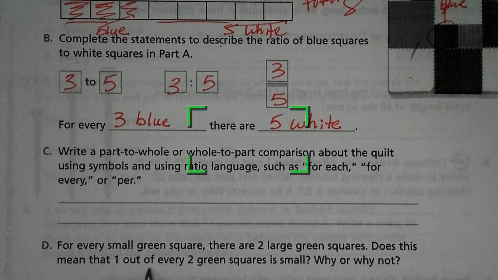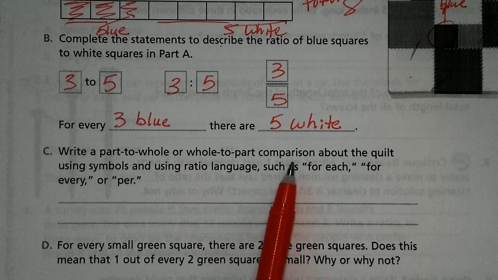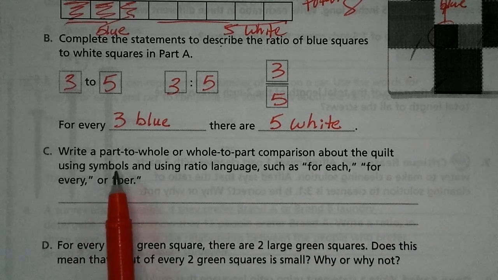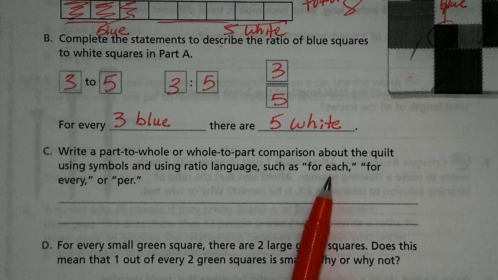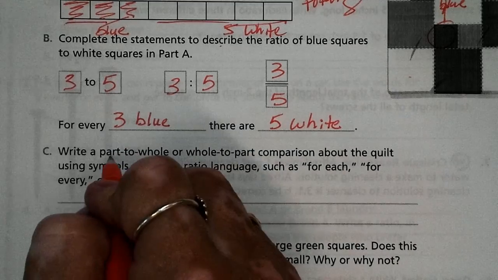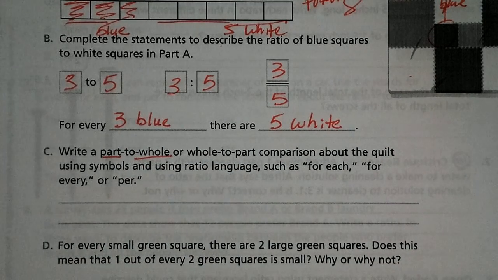All right, so now it says write a part to whole or a whole to part comparison about the quilt using symbols and using ratio language such as for each, for every, or per. All right, so we are going to do part to whole. So pick a color. Doesn't matter to me what color.